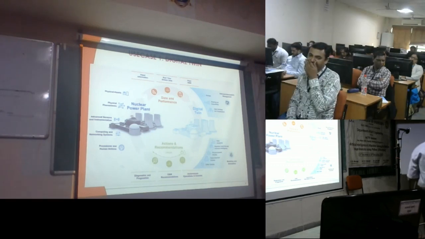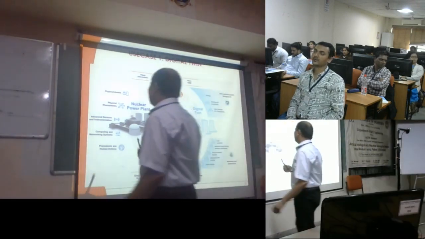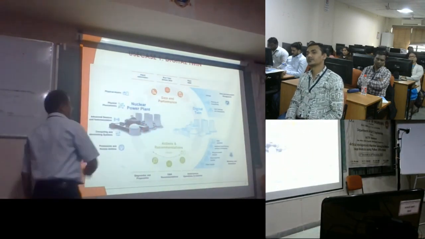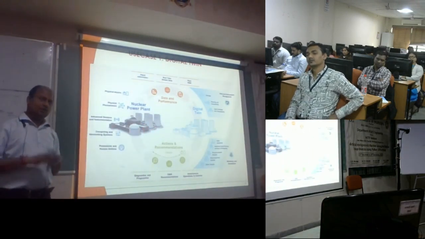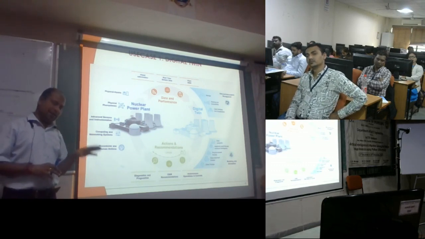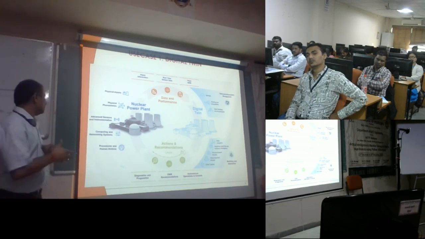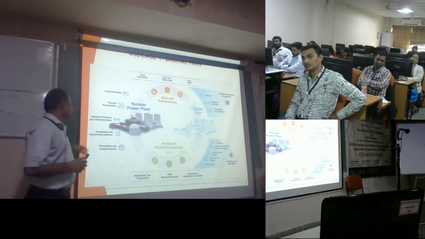Okay, and so you have to model all those sensors. You have to identify all the important sensors; the capacity or the scope of the work will be decided by you, depending on what you want to do. So you have to model this.